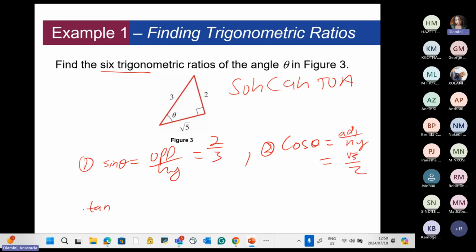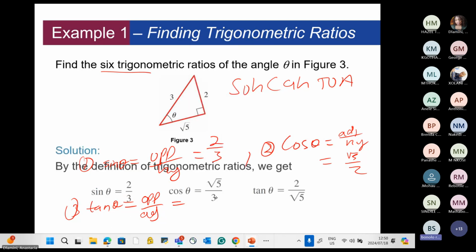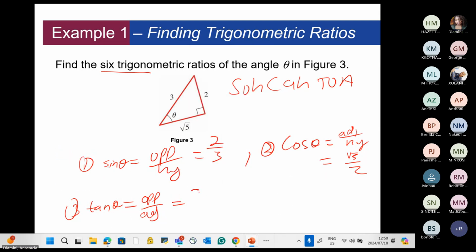The third one is tan theta, opposite over adjacent. So this will be 2 over square root 5. Now the other ones can be found from these.